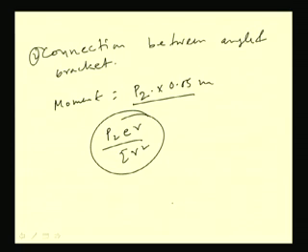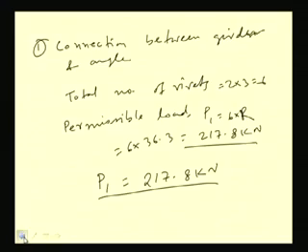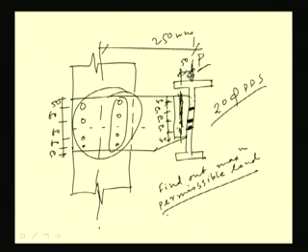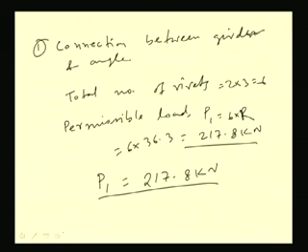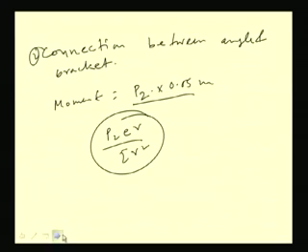Outermost rivet means this one, which is 25 plus 50, 75 millimeter away from the CG.